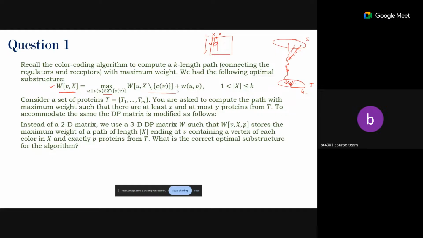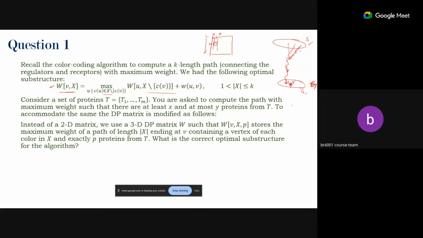Now this variant of the problem says, apart from these two, let's say this is S and this is the target set of genes, I'm going to call it G temporarily. For this particular problem, we are going to take it as capital G, the target set of genes.